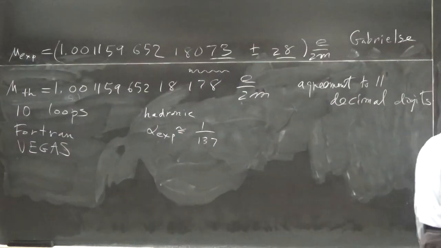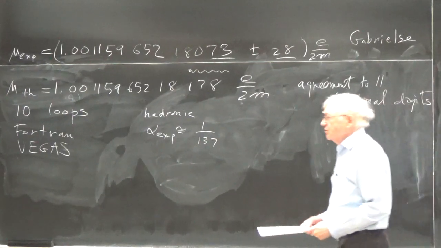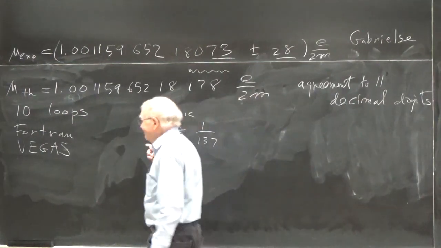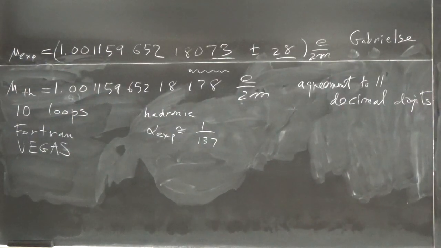And so Kinoshita et al. say that the best way of testing quantum electrodynamics is to focus on something that bypasses the fine structure constant.